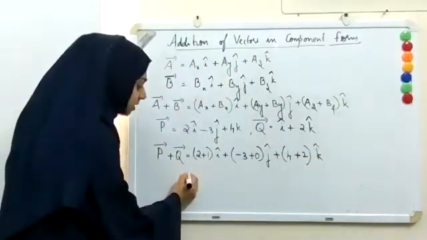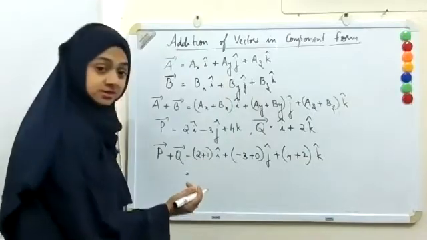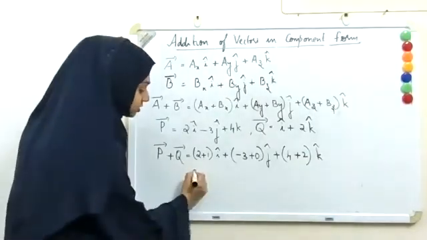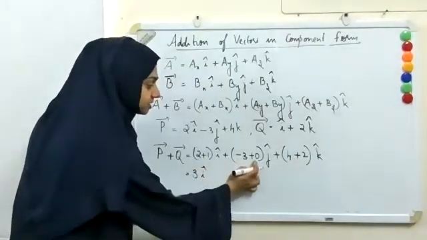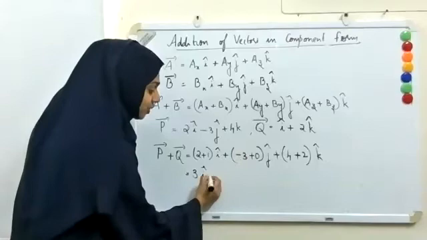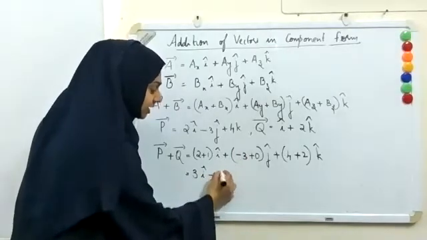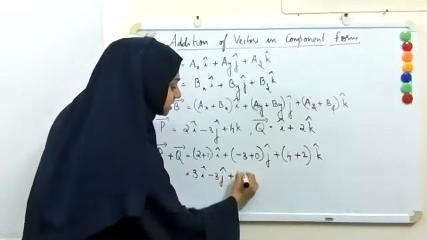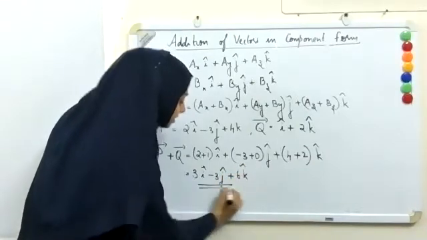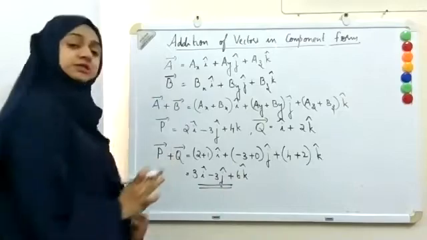Okay, so this is equal to 2 plus 1 is 3, so you have 3i, minus 3 plus 0 is minus 3, so minus 3j, 4 plus 2 is 6, so plus 6k. So you got vector p plus q.